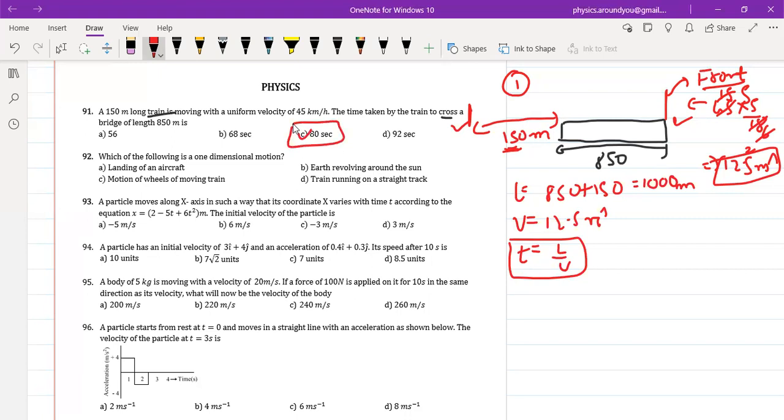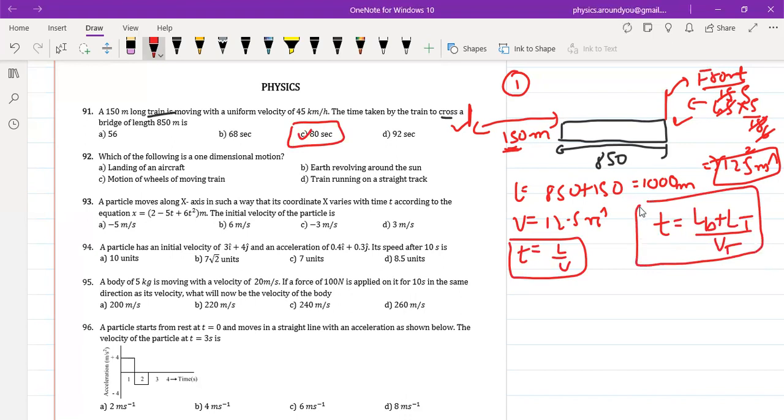So, how to tackle this? If you want a formula, I can also take a formula. The formula would be: time taken for crossing is length of bridge plus length of train upon speed of train. Length of bridge plus length of train upon speed of train.